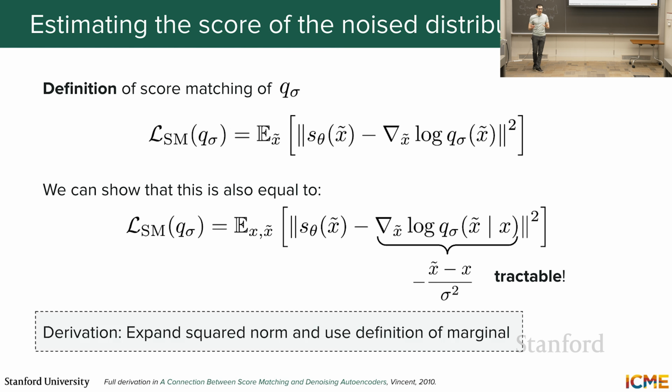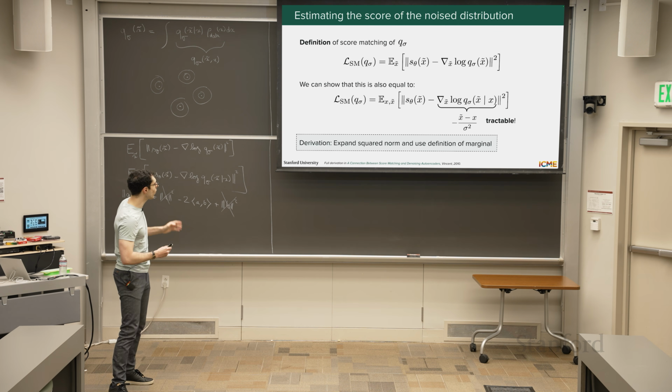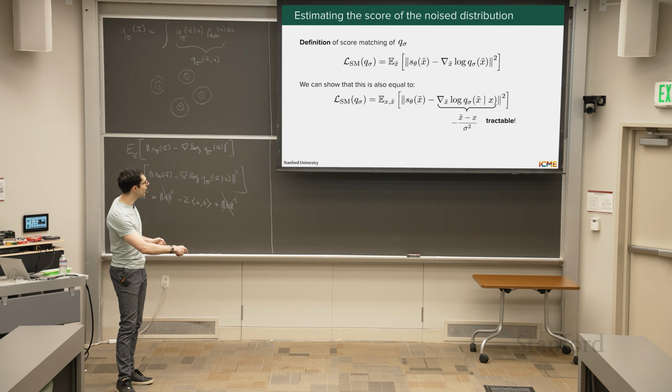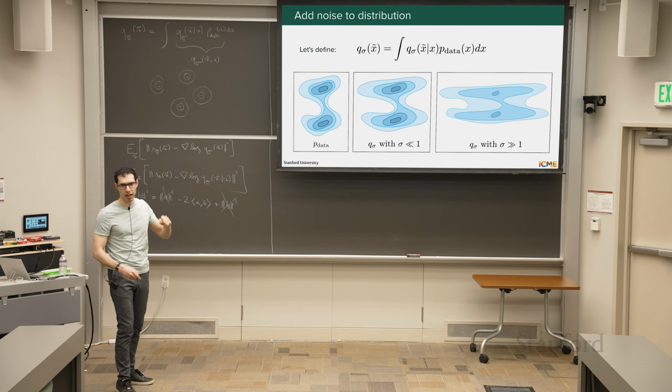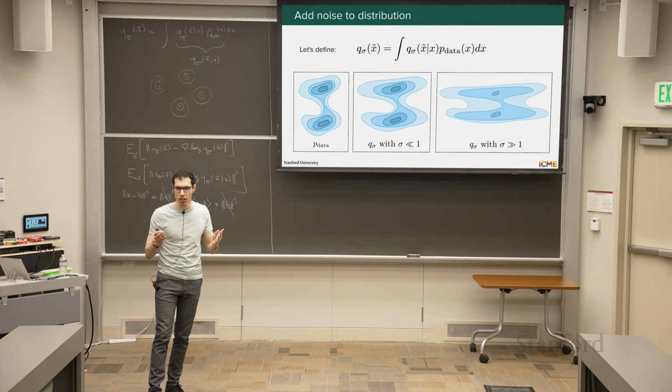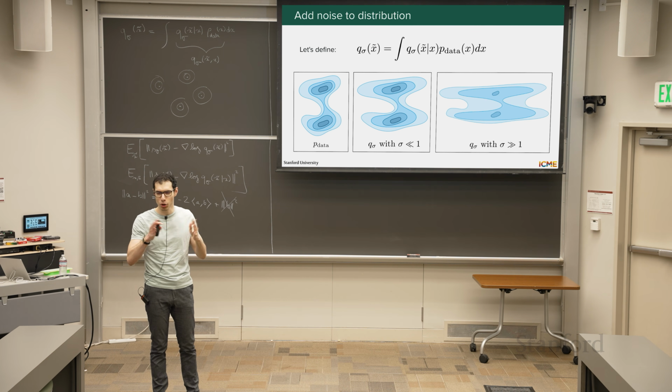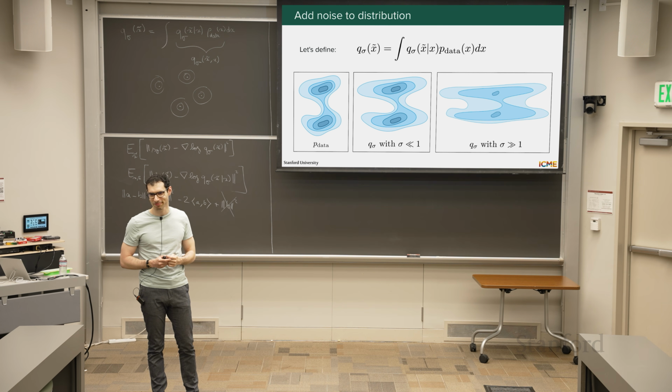If you're interested in the details, I would highly encourage you to take a look at the original paper, which is the denoising score matching paper, in the appendix. It's maybe a 5 or 6 line derivation. What it does is it just leverages the definition of Q sigma and then does some nice term expansion and term identification.